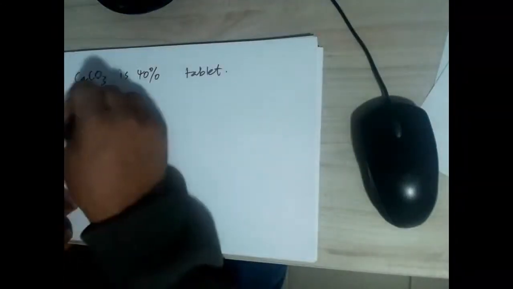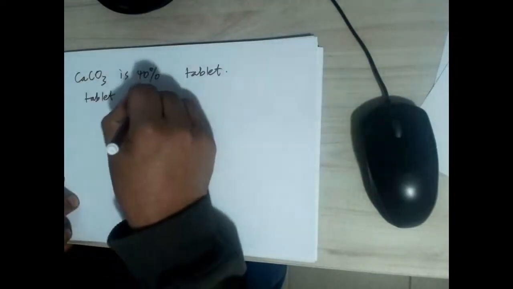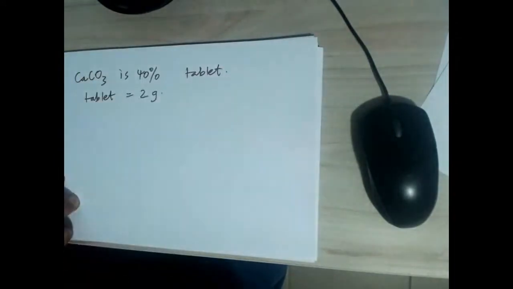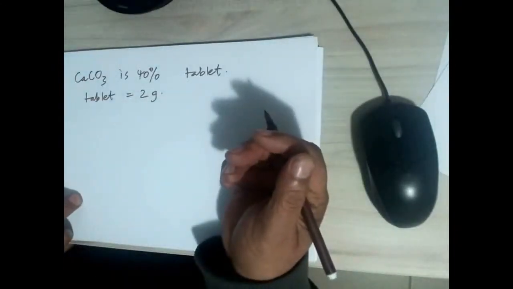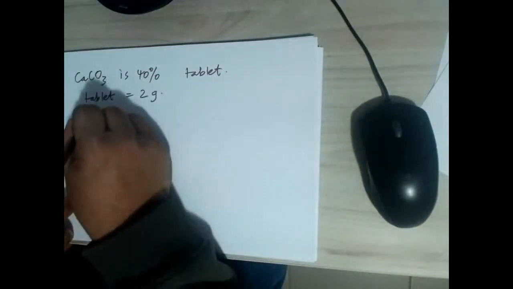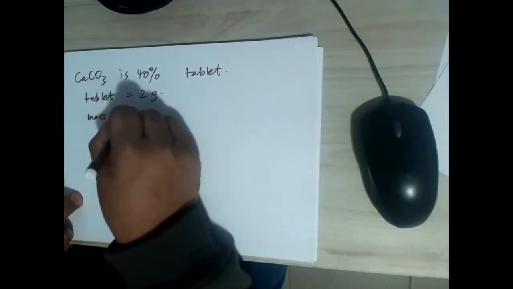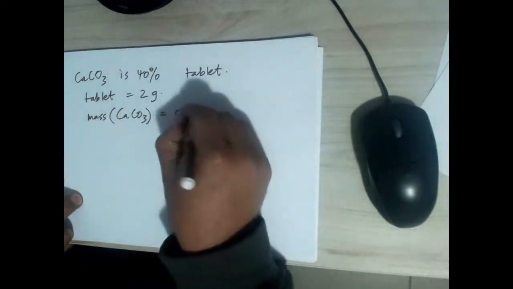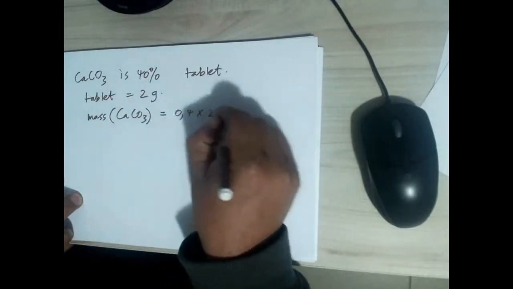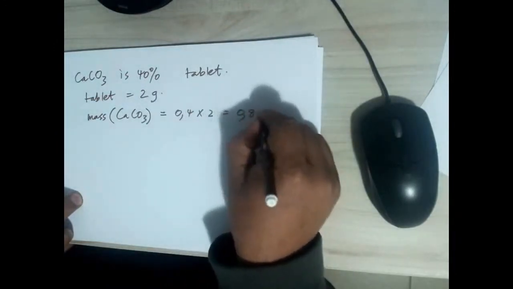The tablet is 2 grams, of which 40% is calcium carbonate. So the mass of calcium carbonate is equal to 0.4 times 2, which is 0.8 grams.